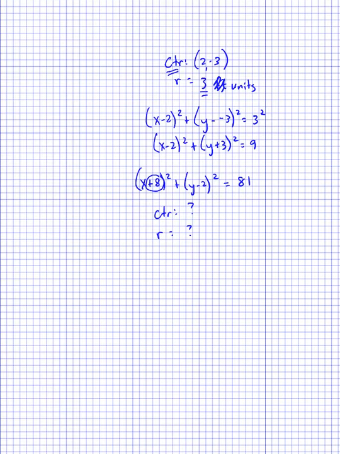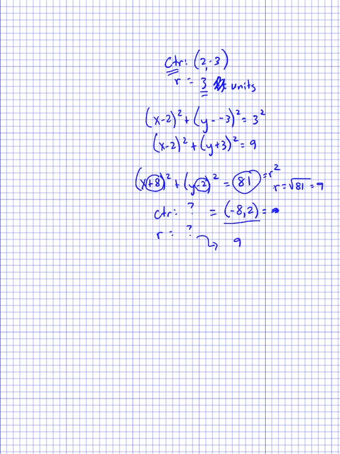So since this is positive 8, the center is going to be at -8, and this is y minus k, so y minus 2, so that must be 2. This equals the radius squared, so r equals √81, which is 9. So my center is at (-8, 2), and my radius here is 9.